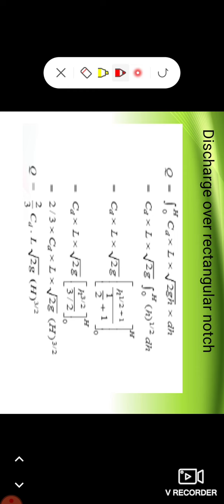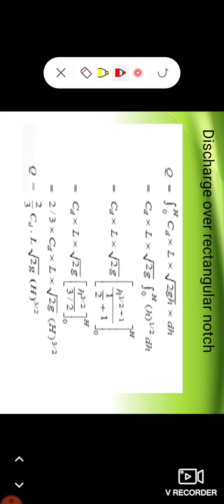So when we integrate the equation from 0 to h, the CD value remains the same. The CD into L into root of 2g remains the same, but we have to integrate root h into dh from 0 to h. The square root of h is nothing but h to the power of half.